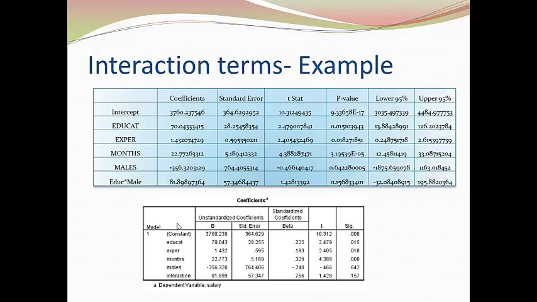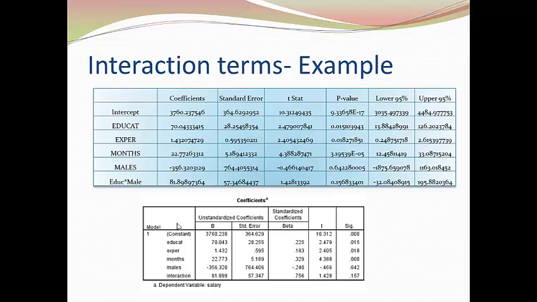So what's interesting here is it looks like the coefficient on males turned negative, which makes it look like being male actually causes your salary to decrease. But that is not true. I'll go through in class, we'll do an example where we'll actually plug numbers in, and you'll see that once we take this interaction term into account, for each additional year of education, a male's salary will increase by roughly $82 per month.